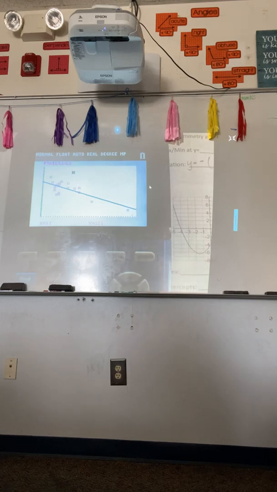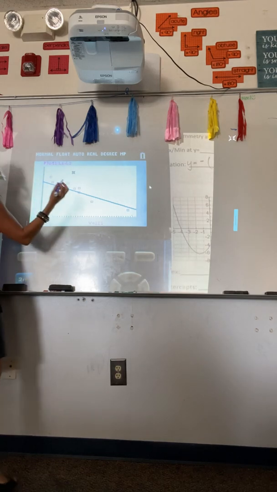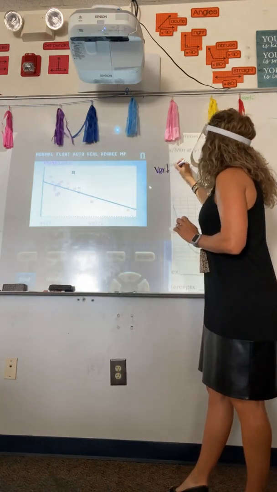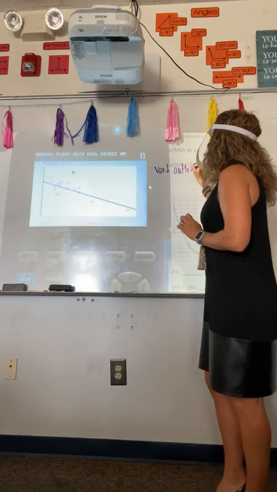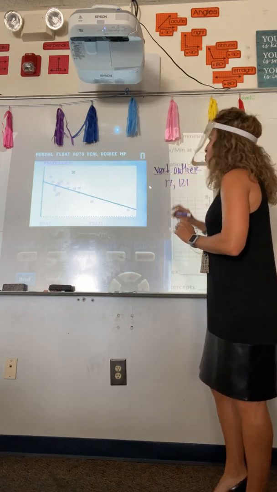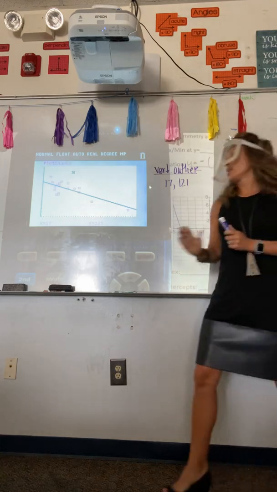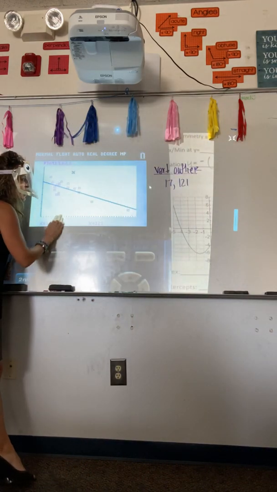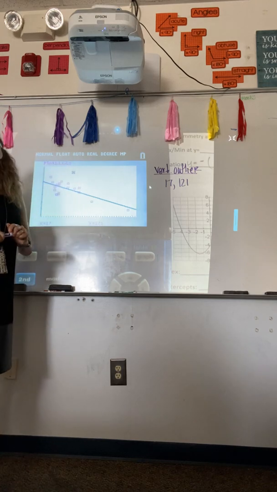There, okay. So our vertical outlier here, and remember, a vertical outlier is not really influential that much. So it is 17 months and 121.